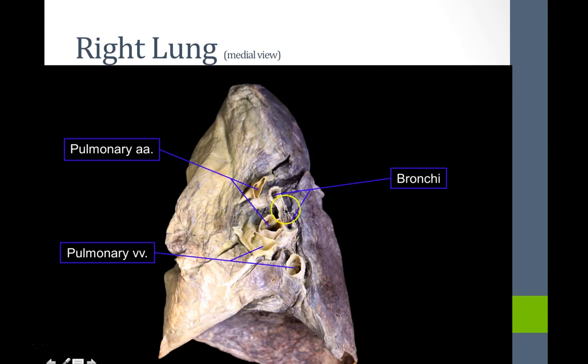And then the bronchi: you may also see the primary bronchus splitting to become the secondary bronchi. You could see one heading to a superior lobe, one headed down to your inferior lobe, and I'm sure there's one branching over to your middle lobe at this point. And then inferiorly, we are going to find your pulmonary veins.